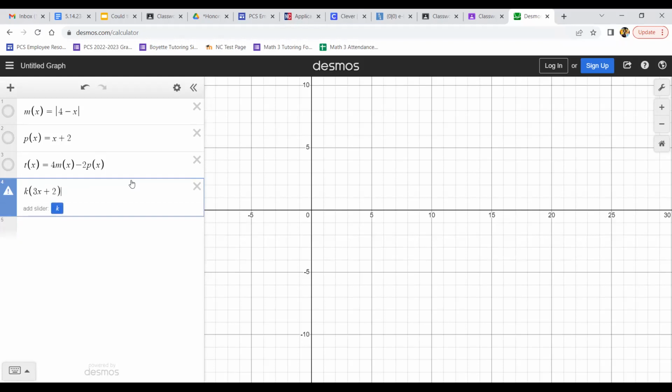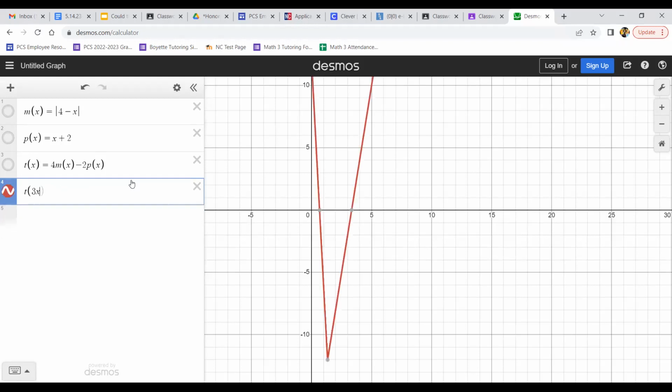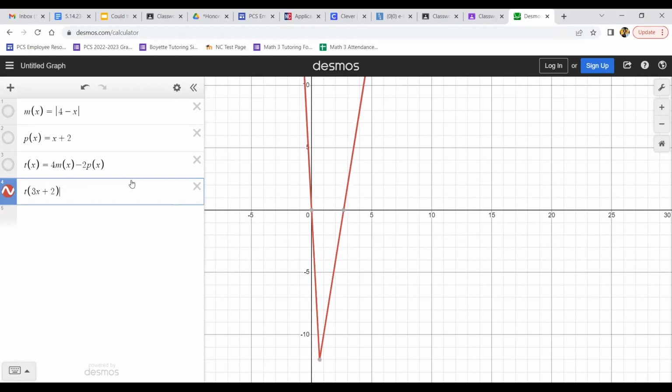What do you want me to do with that k? It's not graphing anything, okay? If I do t of 3x plus 2, Desmos is going to graph it because I defined it as something. Does that make sense? So there is an answer on the screen right now because it's really something.